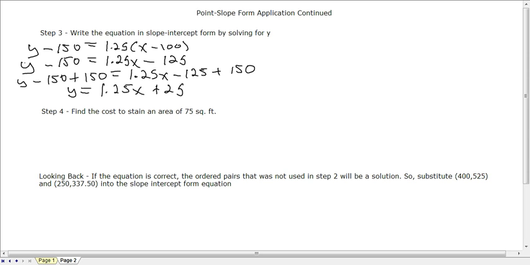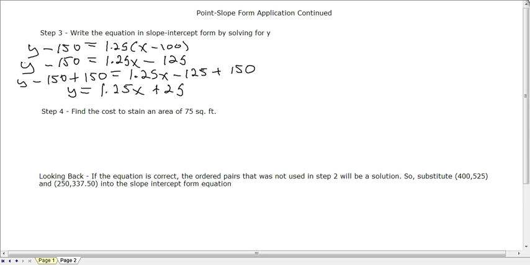Pretty much, we're now looking at what we can do with this equation. They asked us to find the cost of staining an area of 75 square feet. So that means x is 75.